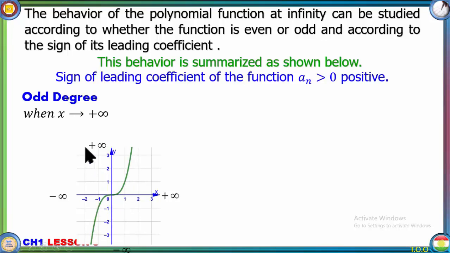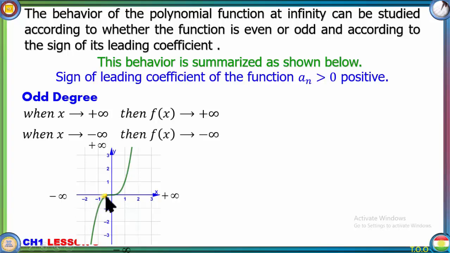When x approaches positive infinity, then f(x) approaches positive infinity. And when x approaches negative infinity, then f(x) approaches negative infinity too.